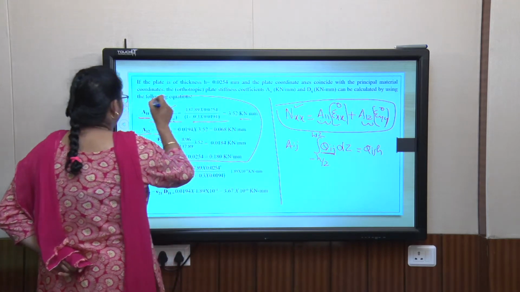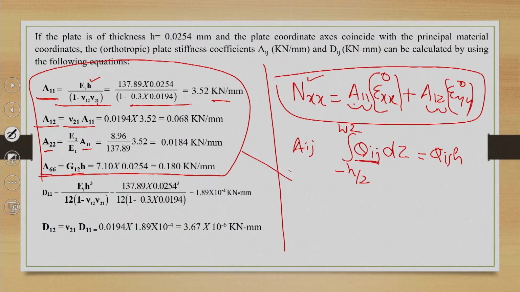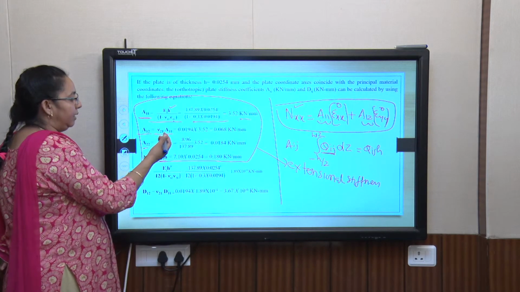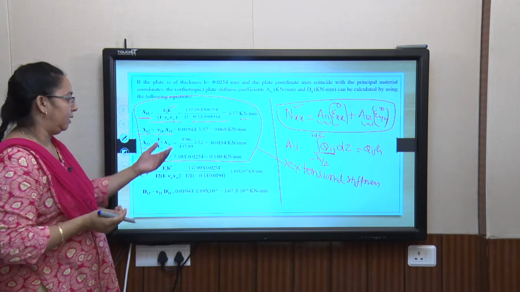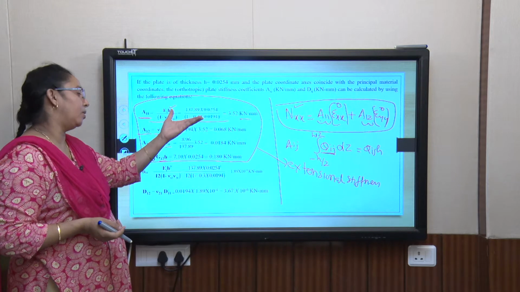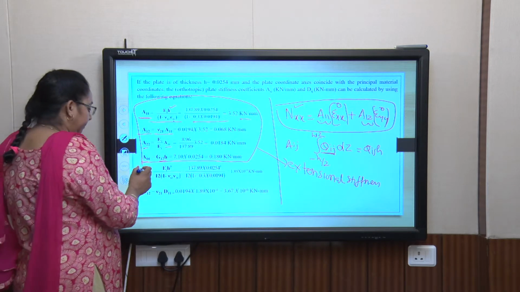This is your extensional stiffness. These formulas are important. We must remember these things so that we can calculate them during the assignments or exams or some point of time.